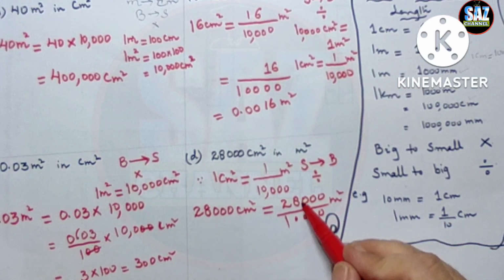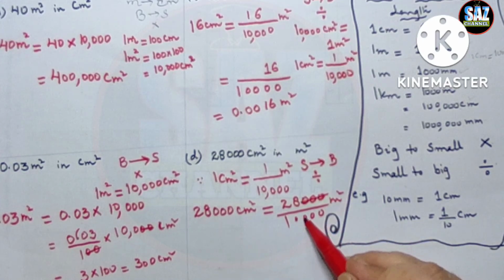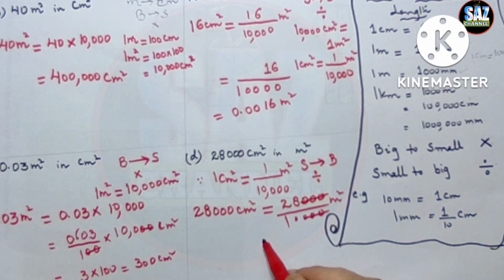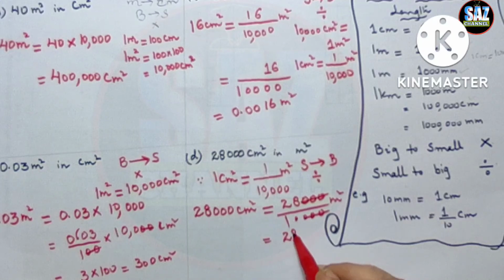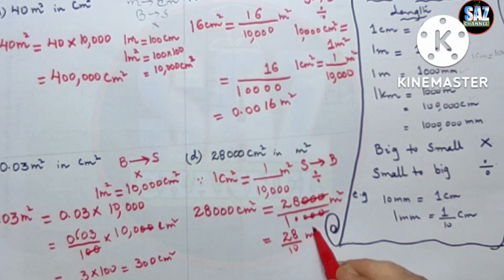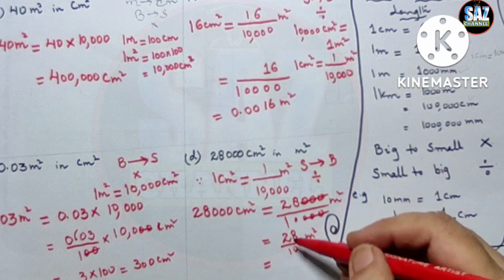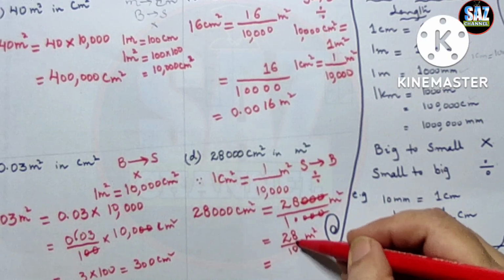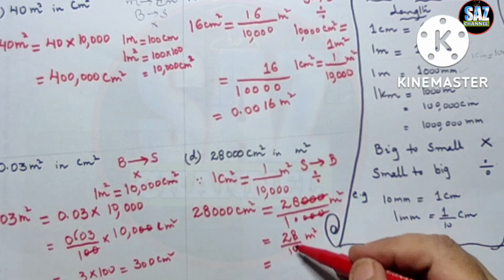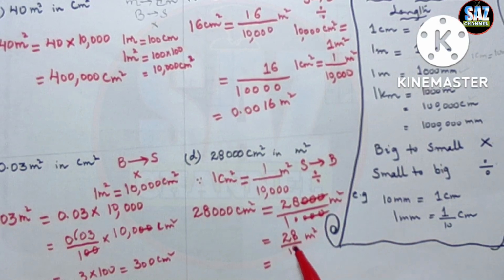And now we can see that we can easily remove these 3 zeros, and we will be left with, students, what? 28 by 10. And now we know the rule of division by 10, that we have to see how many zeros are in the denominator. There is 1 zero, so we will be leaving 1 digit from the right side, and my answer is 2.8 meter squares.